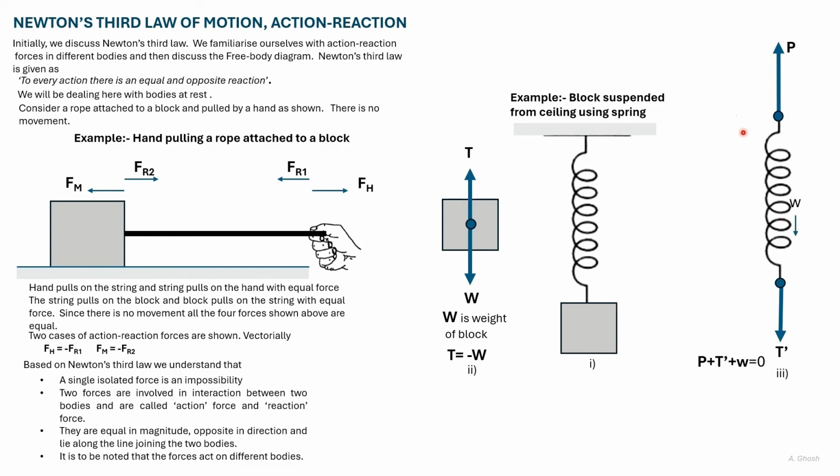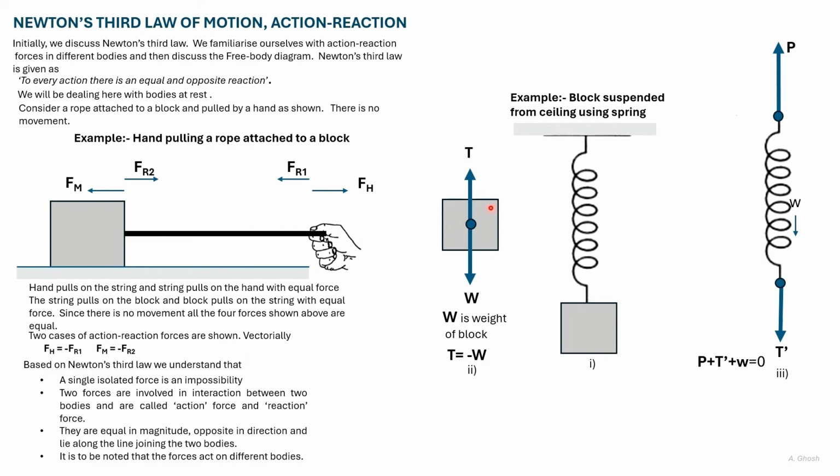The spring is in equilibrium, so P plus T dash plus W is equal to 0. That is, the vectorial sum of forces is equal to 0. Again, notice that we have not considered the forces that the spring exerts on the environment.